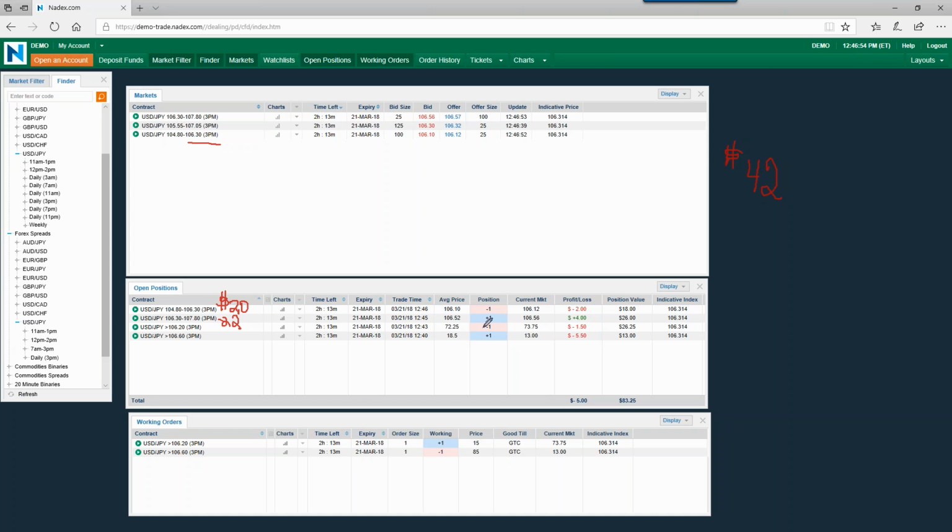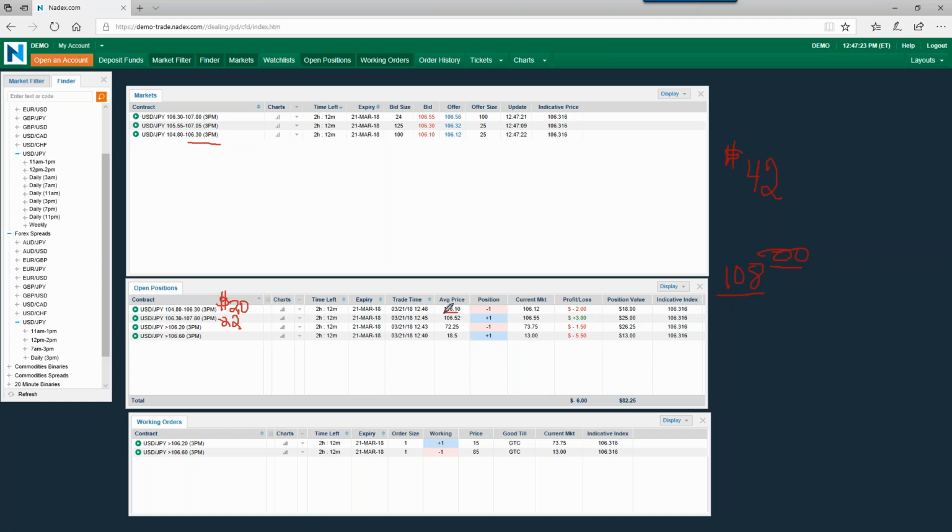okay? So let's say that the market goes up, and let's say that it goes up to 108, okay? What would be your potential to make on that trade? And let's say that at expiration, it is at 108, okay? That means that it moved the full width of the spread, okay?